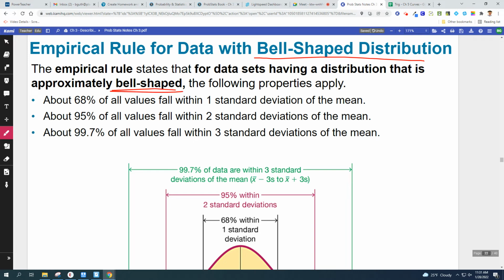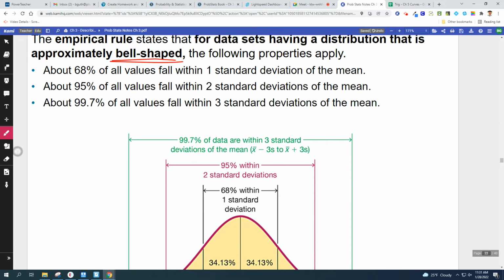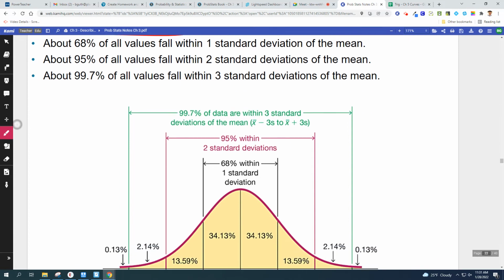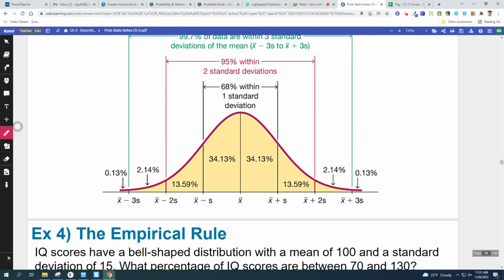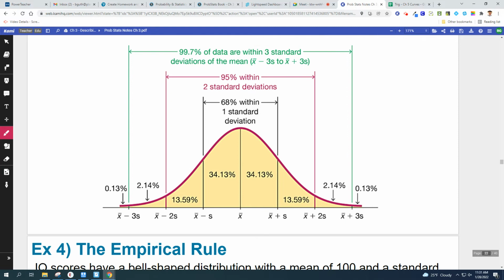The following properties apply. About 68% of values fall within one standard deviation of the mean, about 95% fall within two standard deviations of the mean, and about 99.7% of all values fall within three standard deviations of the mean. You may have seen this picture before.